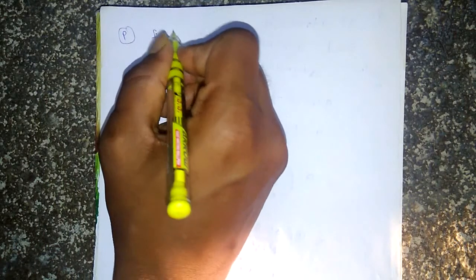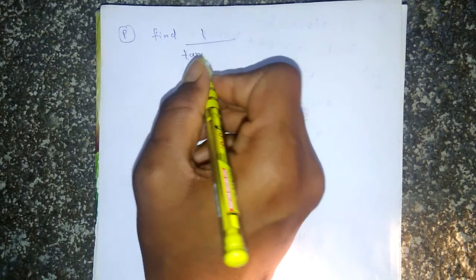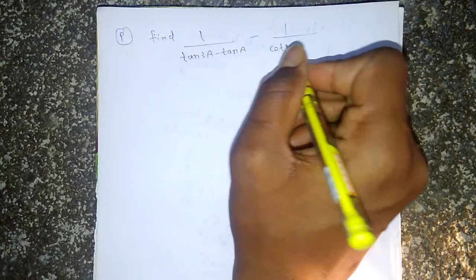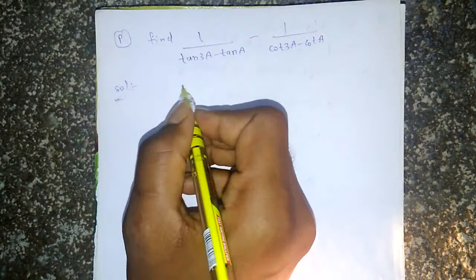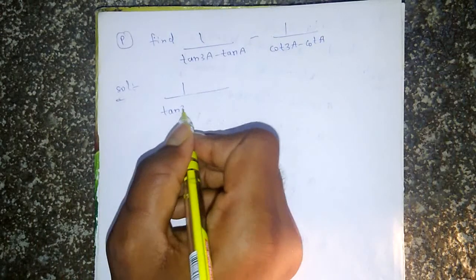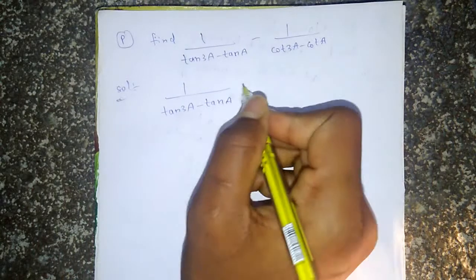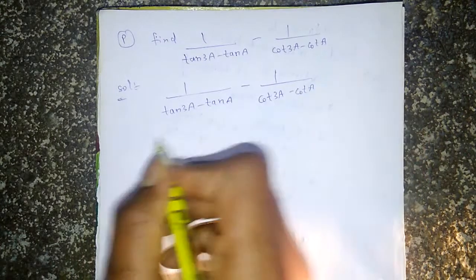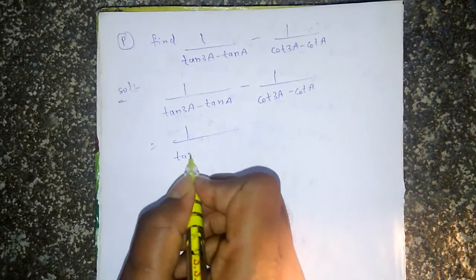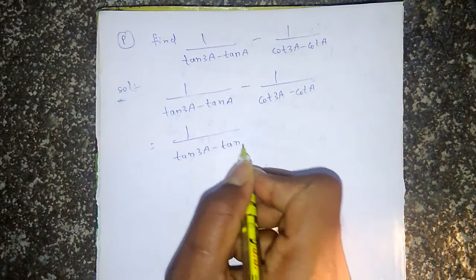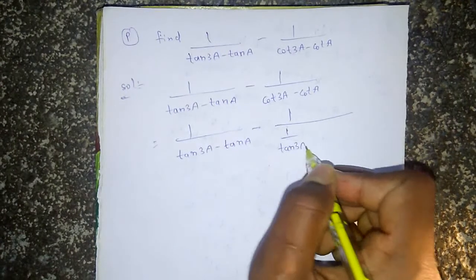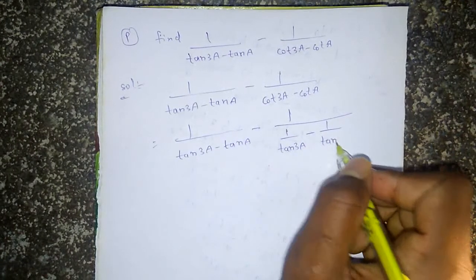Next, find the value of 1 by tan 3a minus tan a minus 1 by cot 3a minus cot a. So that is 1 by tan 3a minus tan a minus 1 by cot 3a minus cot a. Here cot 3a can be written as 1 by tan 3a, and cot a can be written as 1 by tan a.